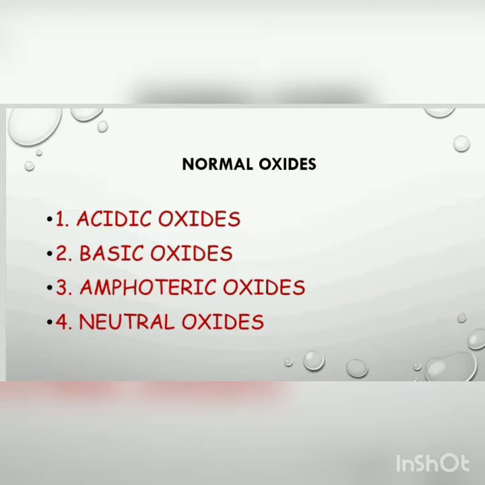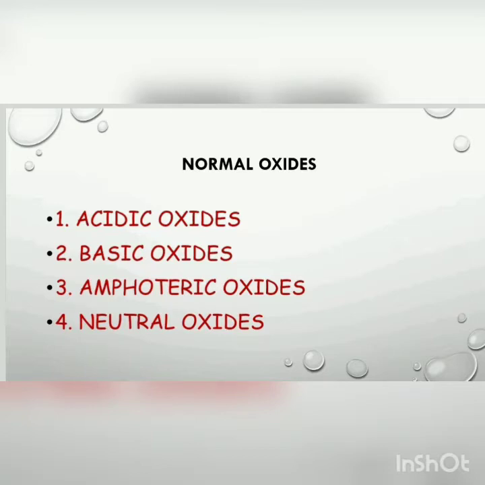Acidic oxides are oxides of a non-metal. They dissolve in water to form an acid. Acidic oxides react with alkalis to form salts. A basic oxide is an oxide of a metal. If soluble, it dissolves in water to form an alkali. Basic oxides react with acids to form salts.